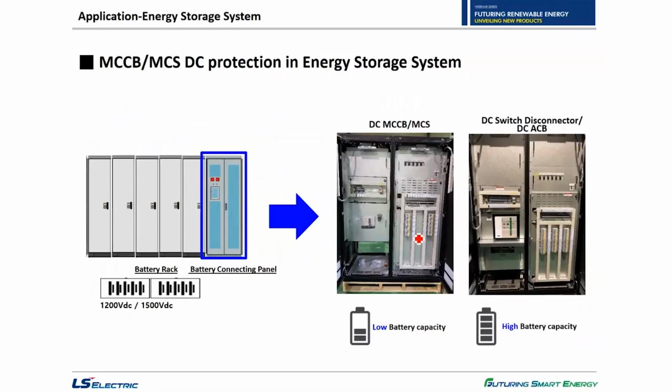Even if there has been a safety concern, anyone can hardly deny the potential of energy storage system. In this system, normally battery cell or modules are protected by both BPU, battery protection unit, and BCP, battery connecting panel here. Just like the protection of junction box and combiner box mentioned earlier.